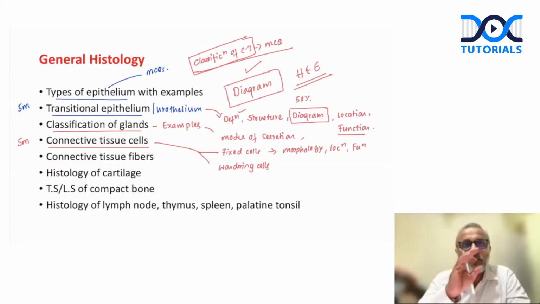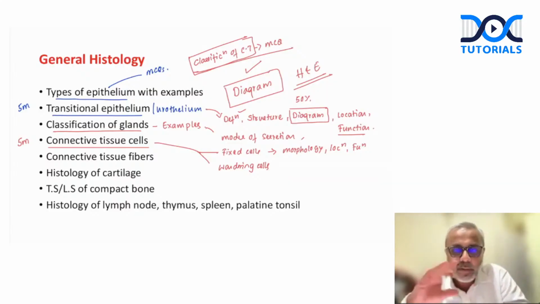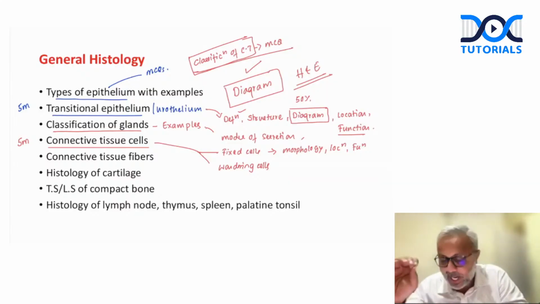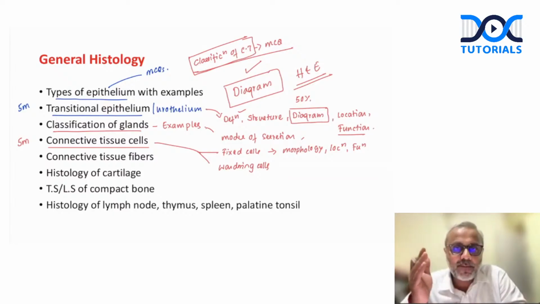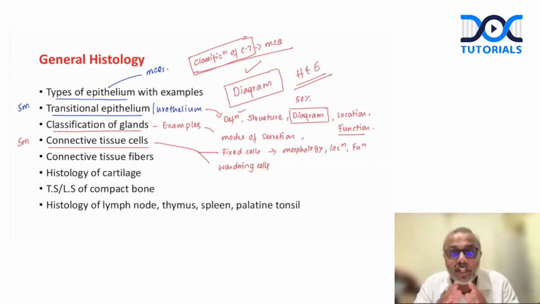Fibroblast: where is it found in majority? What is its function? How does a fibroblast look? How does it look different from a fibrocyte? This is what the examiner will expect. Remember, in histology, the examiner will expect you to write about morphology or features of the tissue or the organ.